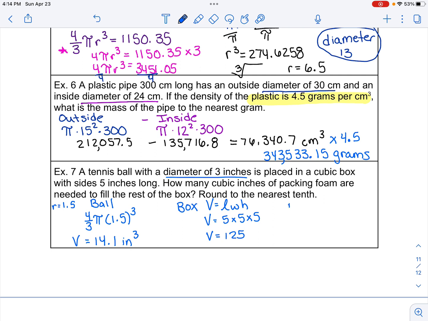So if I take 125 minus the volume, 14.1, seems like a lot of packing. 110.9 inches cubed. It says round to the nearest tenth. So the amount of cubic packing inches would be 110.9.